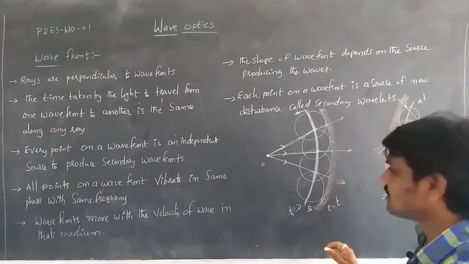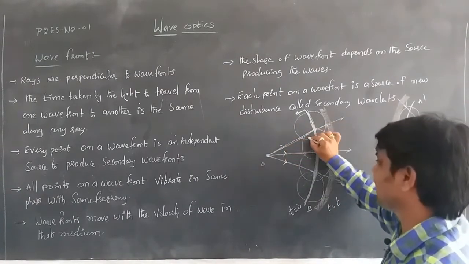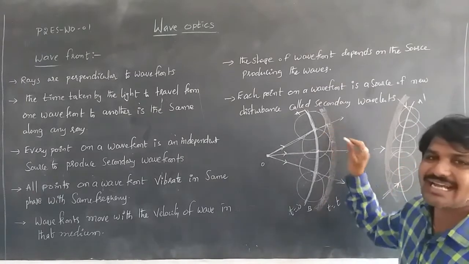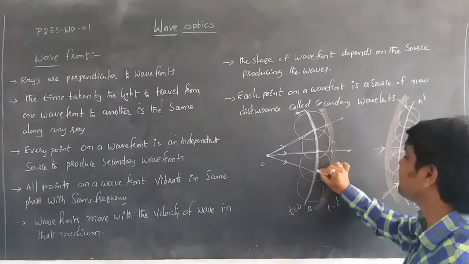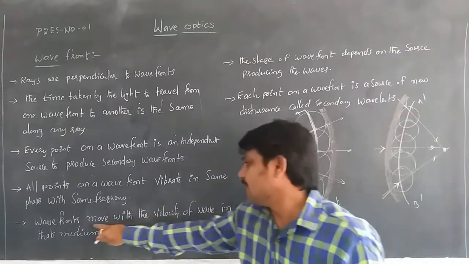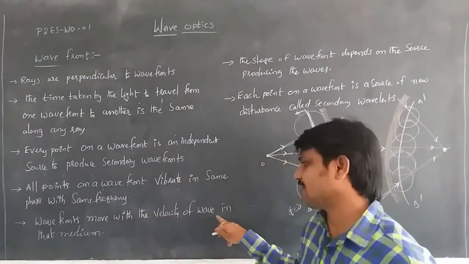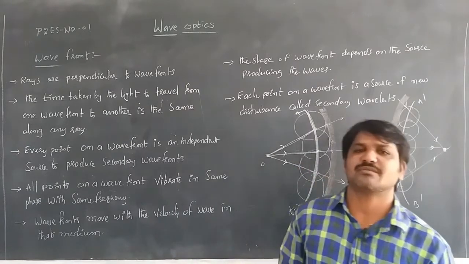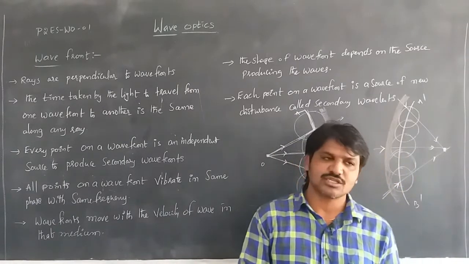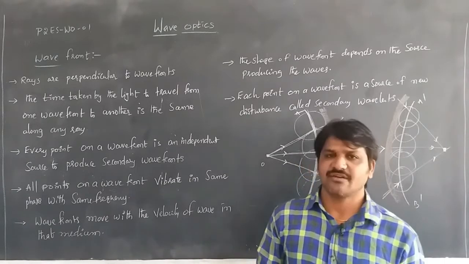So all points on a wavefront vibrate in the same phase with the same frequency. And next one, the wavefront moves with the velocity of the wave in that medium. When the light is passing through, the wavefront also moves with the same velocity as the wave.